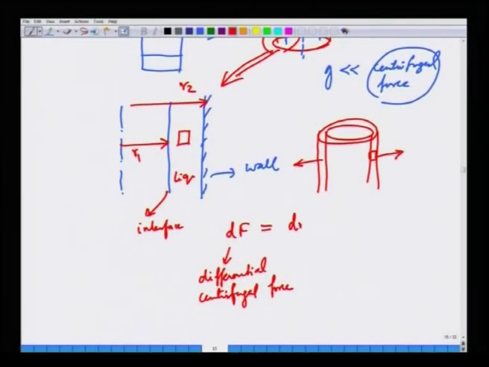So, if you take a differential volume element, it is a differential mass dm times ω² times r, where ω is the angular velocity in radians per second. And dm is the mass of the tiny differential volume element.